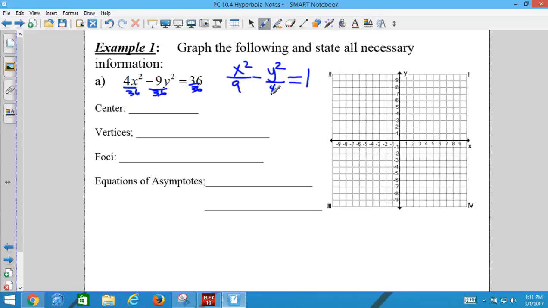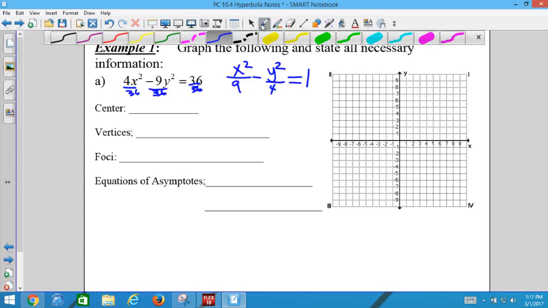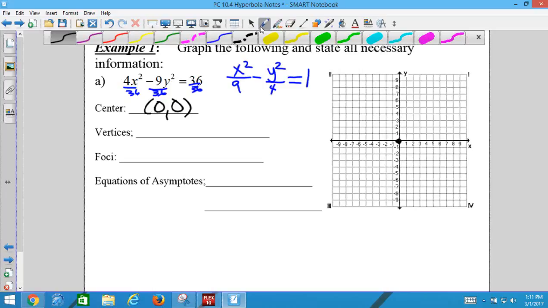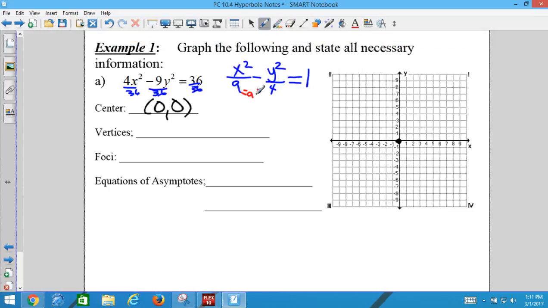So what is our center? That's just like it was with the ellipses. Now the vertices: there's only one set of vertices, and they have to do with a. A squared is always first. There's only one set of vertices. A squared is always first, so we are using a squared is 9, so what's a?